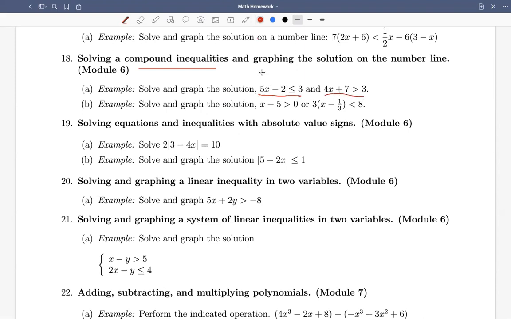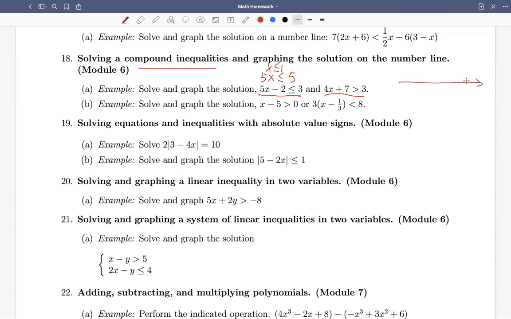To solve this one, we move -2 to the other side. We have 5x less than or equal to 3 plus 2, right? So it's 5, which means x is less than or equal to 1. So we have this solution.